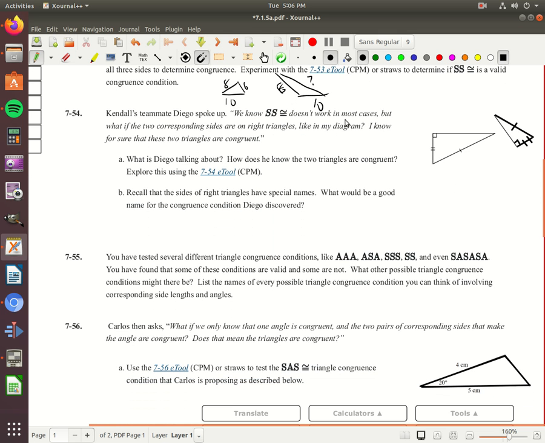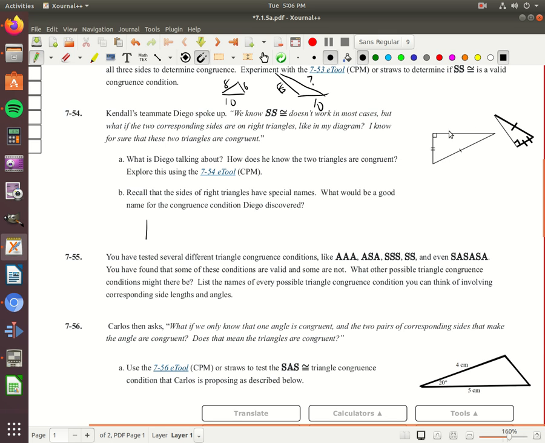All right, so Kendall's teammate Diego spoke up. We know side, side doesn't work in most cases, but what if the two corresponding sides are on right triangles, right? So this is kind of a special one. He says, I know that for sure these two triangles are congruent. Well, right, we're using what is known as the Pythagorean theorem to say that this squared plus this squared has to equal this squared. Well, think about what he's saying.